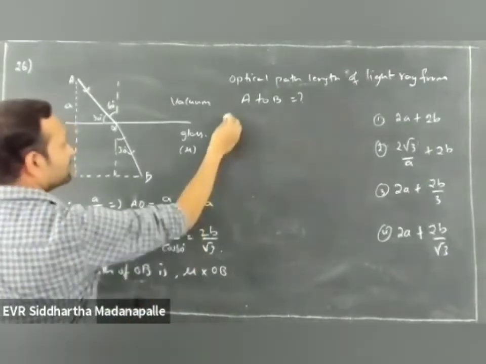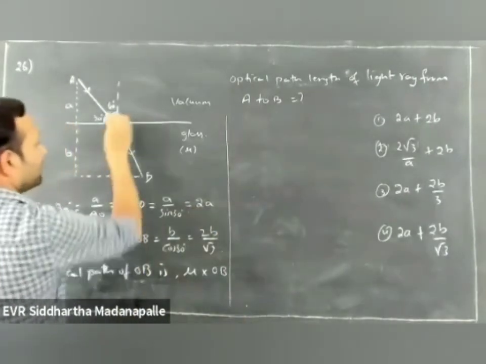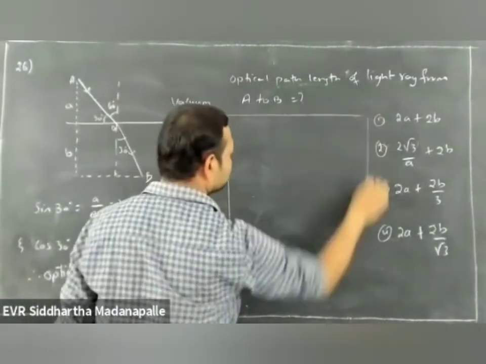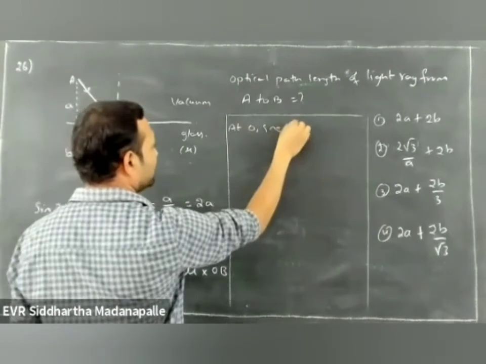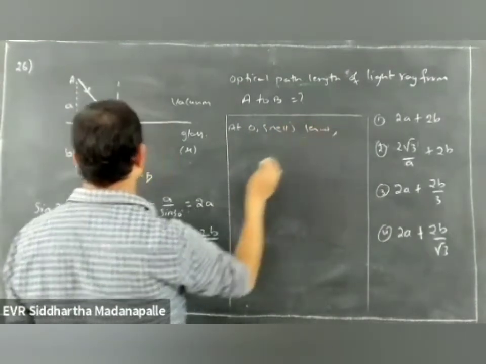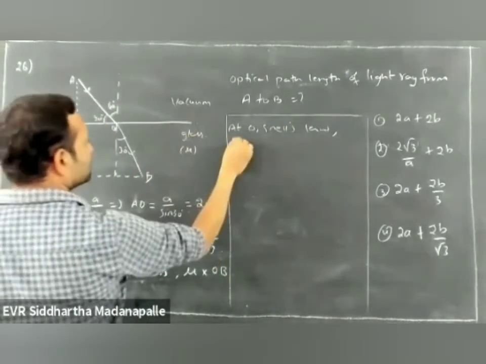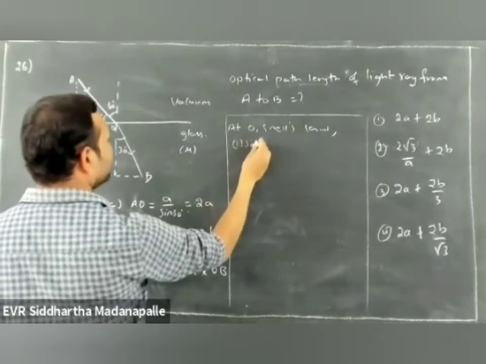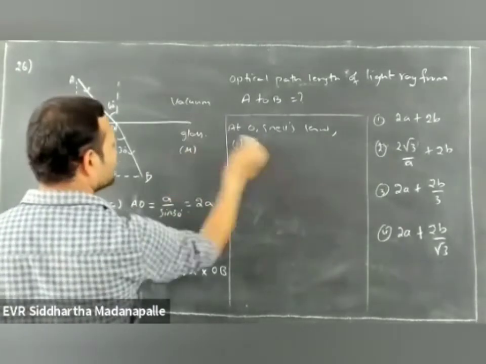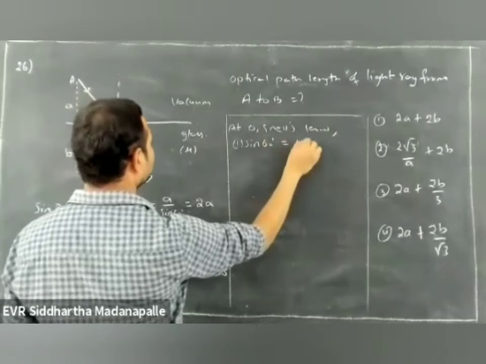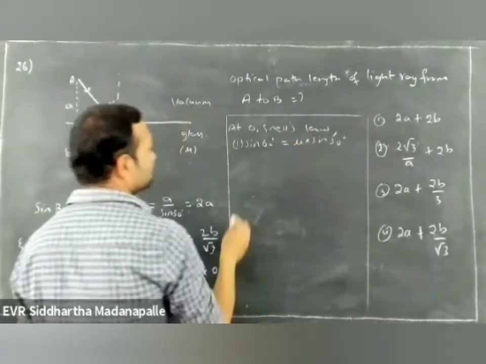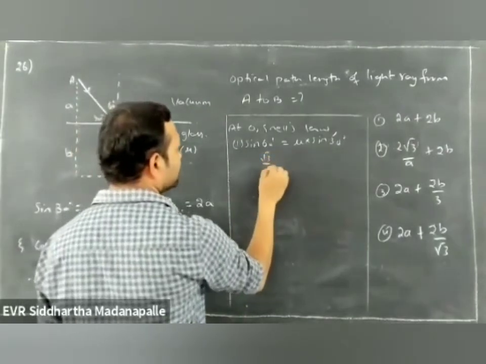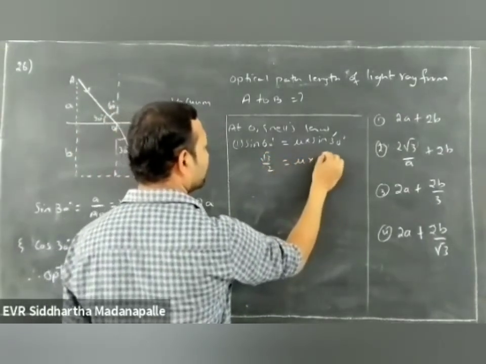Now what is mu here? Applying Snell's law at O: 1 into sine 60 is equal to mu into sine 30. Sine 60 is root 3 by 2, equal to mu into 1 by 2.